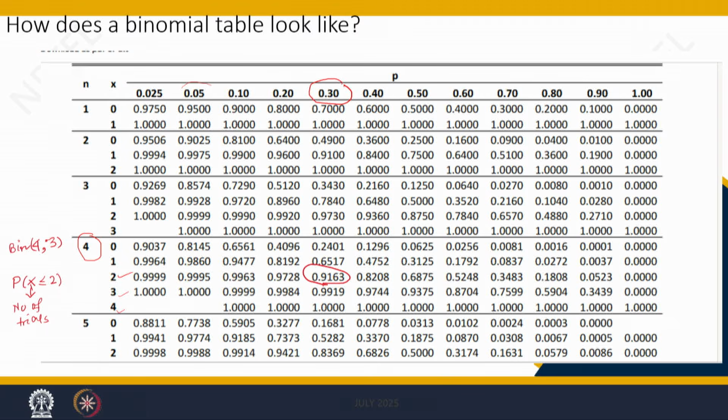So, if I ask for the probability that X, the number of successes, is less than or equal to 2, then you can make a cross sectional check taking 2 and probability 0.3. But remember, all these figures are cumulative probabilities. Clear? Cumulative probability up to x equal to 2 means probability x is equal to 0 plus probability x is equal to 1 plus probability x is equal to 2. Clear?